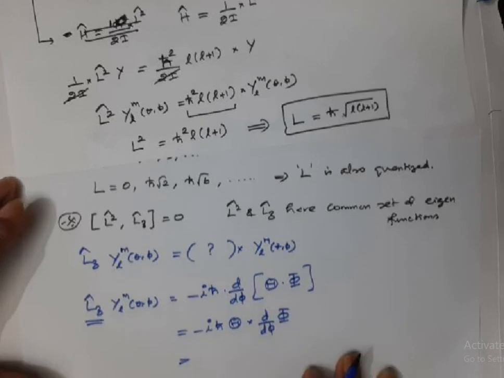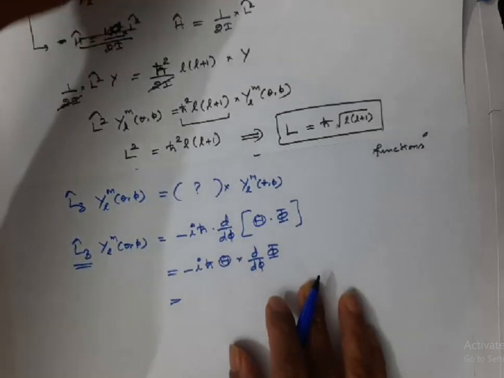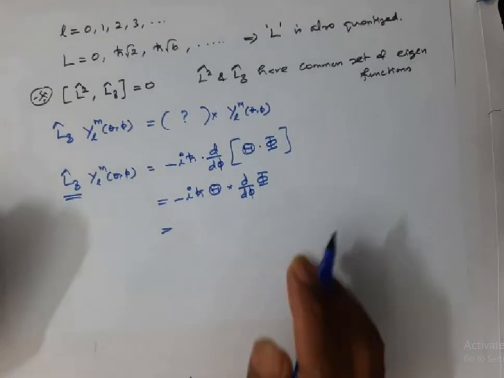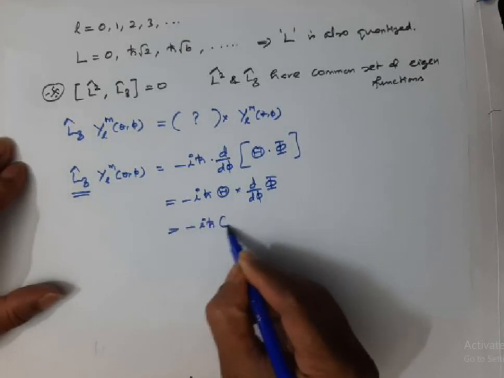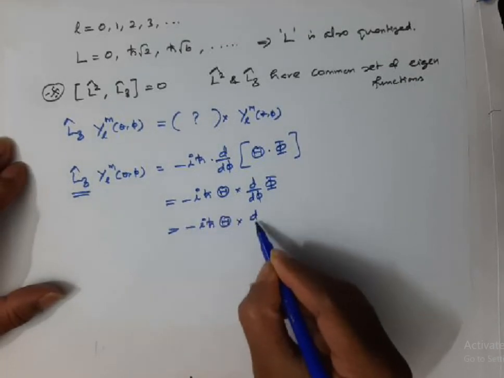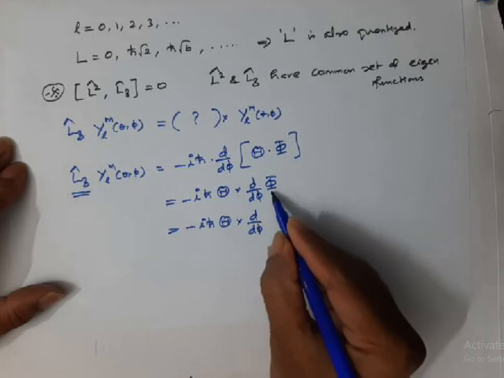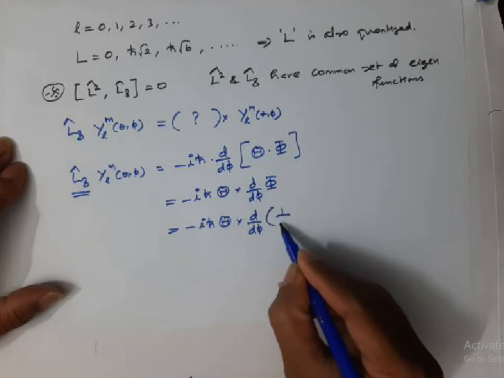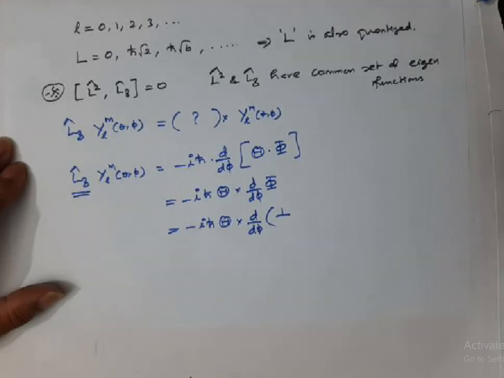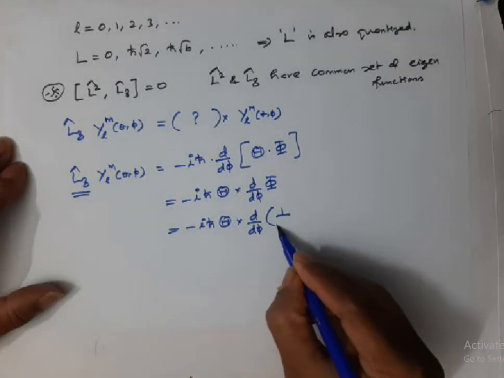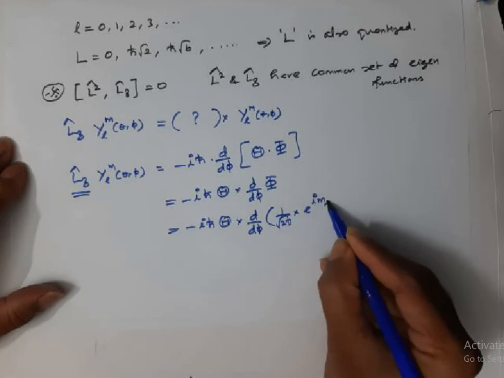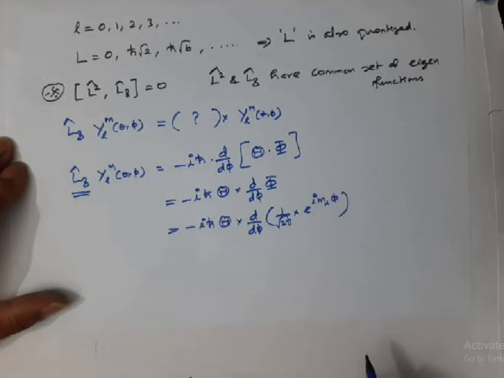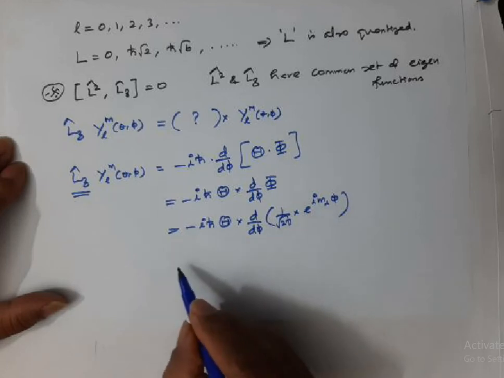You can also write this as minus i h bar big theta d by d phi of the function phi. The expression for phi is 1 by square root of 2 pi into e power i ml phi. 1 by root 2 pi is a constant, so you can take it out.